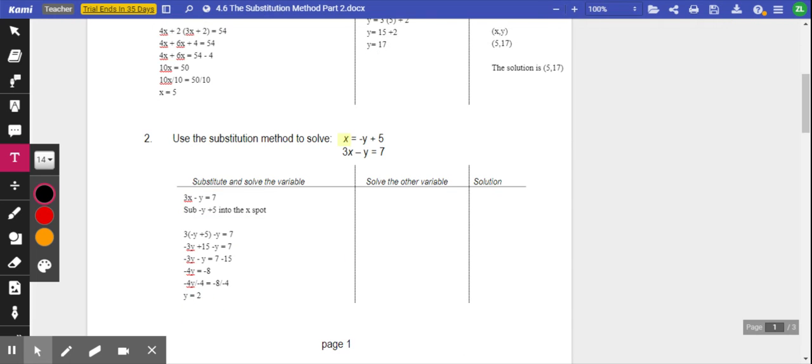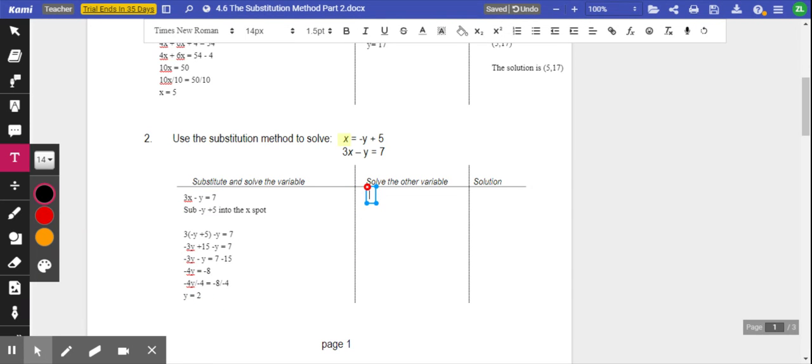Now we know y is equal to 2. So now since we know y is equal to 2, we're going to sub 2 into the y position, or the y spot. So we'll use the first one. You can use either one, but we'll use the first one because it's laid out a little easier. So x equals negative y plus 5. x is equal to, we put a negative sign in front of the bracket.